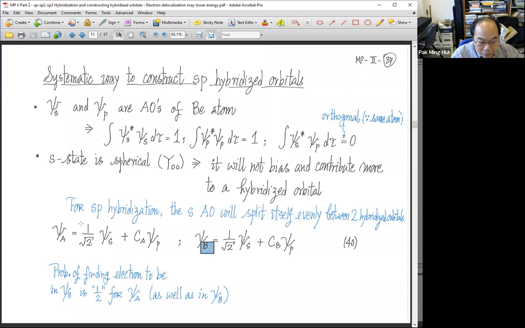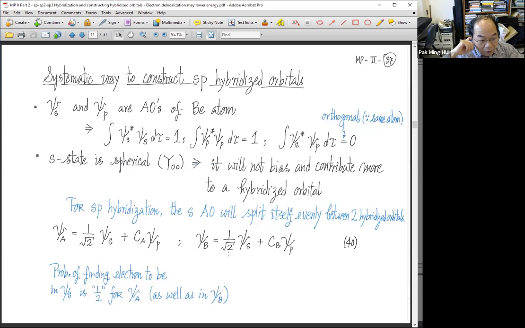I want to write down a linear combination, but immediately, due to this equal sharing that will not bias anyone, I know the coefficient is 1 over square root 2. The 2 here is because I'm forming two hybridized orbitals. Therefore, for sp2, you know that will be 1 over square root 3, because you are going to form 3 out of 1s and 2p.